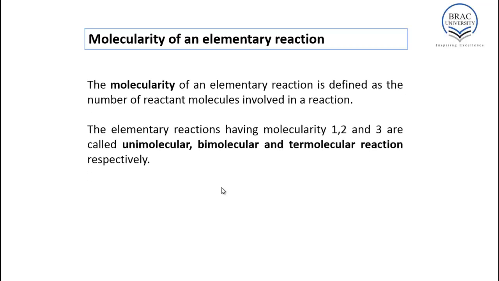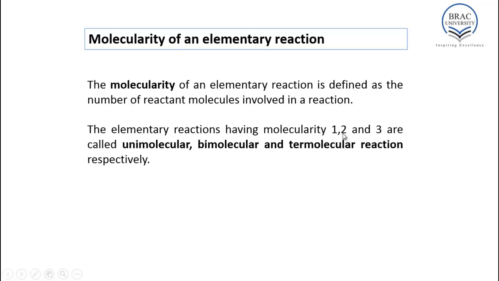What is the molecularity of an elementary chemical reaction? Molecularity of an elementary reaction is defined as the number of reactant molecules involved in a chemical reaction. So the number of reactants participating in a chemical reaction is termed the molecularity of that reaction. There can be 1, 2, 3 or 4 reactants.